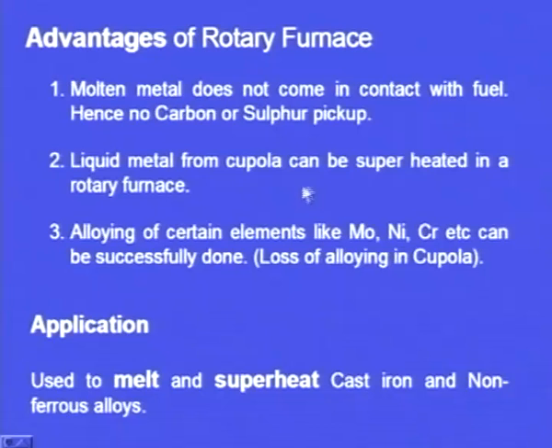Liquid metal from the cupola can be superheated in a rotary furnace. Sometimes superheating of the molten metal is required. In a cupola furnace we can melt the metal, but if we want a higher temperature we have to heat it further, means we have to add more coke. So more carbon pickup takes place, which we do not want, or more oxidation takes place, which we do not want.